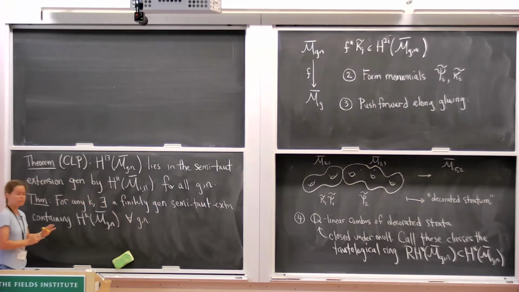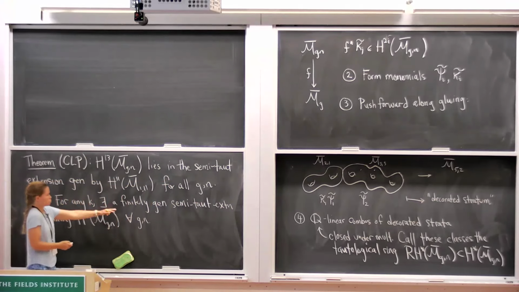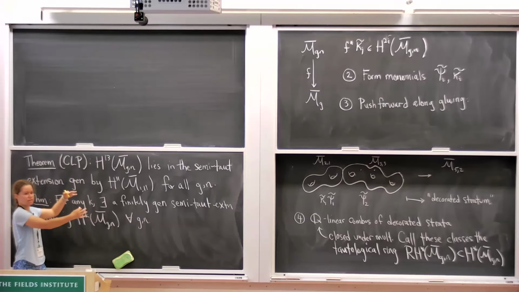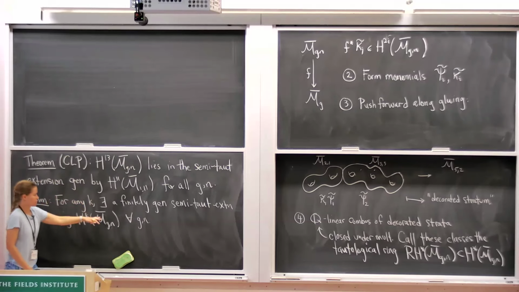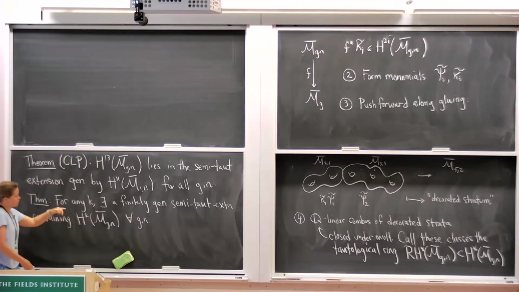And this is effective. I can tell you precisely what some maybe very large collection of cohomology groups you would have to throw in. But this sort of general result, at least in these first few cases, seems to be much further from what's actually needed in practice.